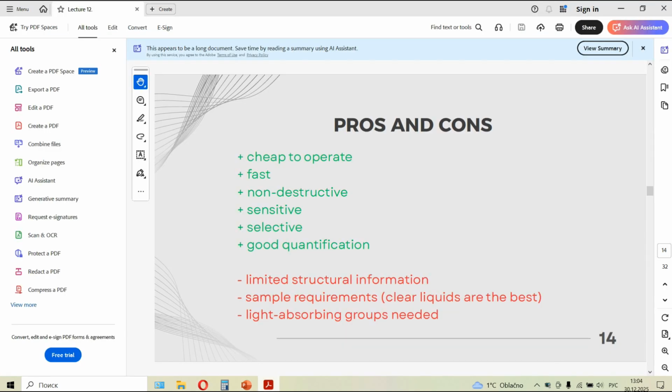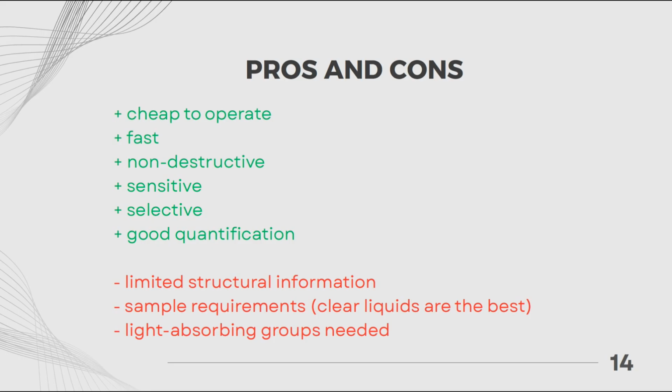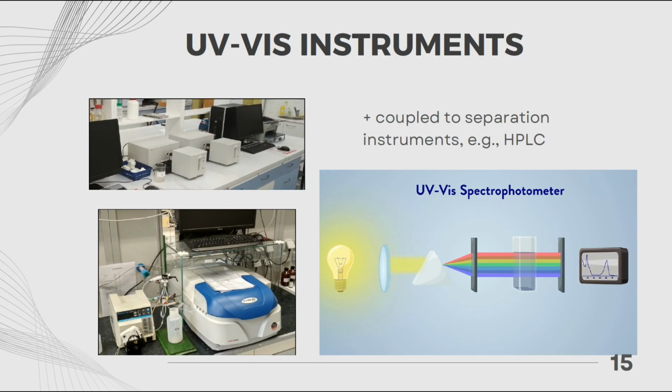And now let's talk about the instrumentation of UV-Vis. Actually, the instrumentation is really simple, and the instrument itself is really small. It's not very big, as for example GC, GC-MS. But it may also be coupled to some separation instruments, as we have talked about in our previous lectures.